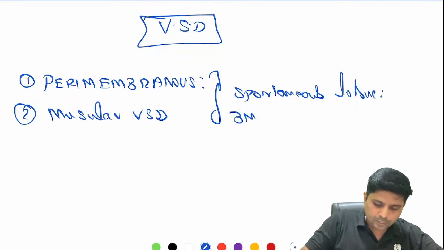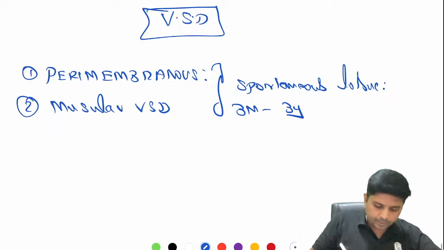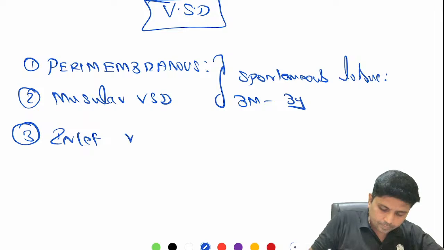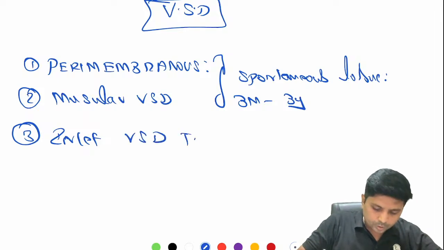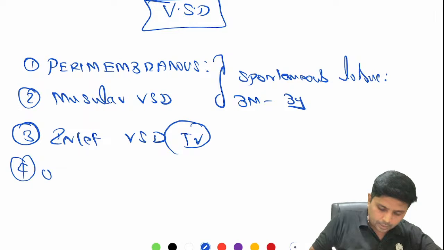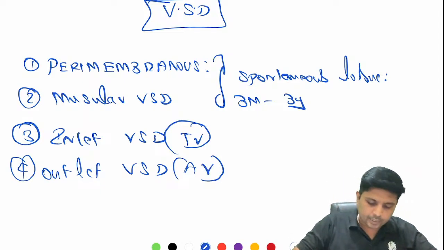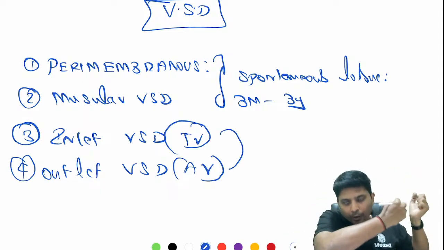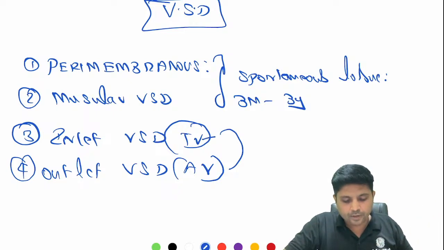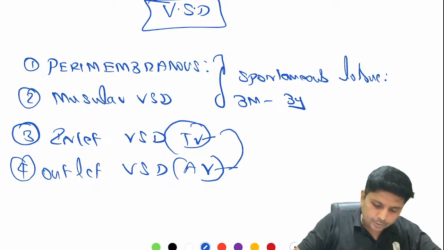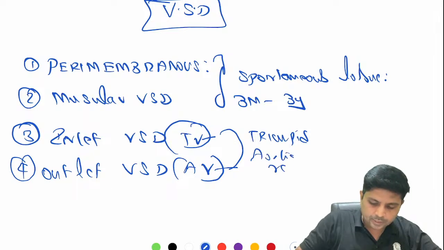It can close from 3 months to 3 years. Whereas your inlet VSD, in and around the tricuspid valve, and your outlet VSD, in and around the aortic valve, if it closes spontaneously, it will borrow a leaflet from the tricuspid valve, or borrow a valve from the aortic valve, leading to tricuspid and aortic regurgitation.